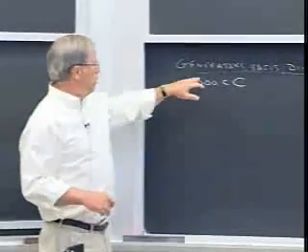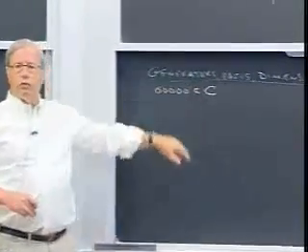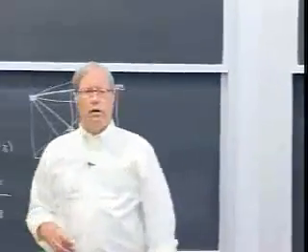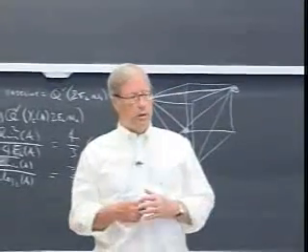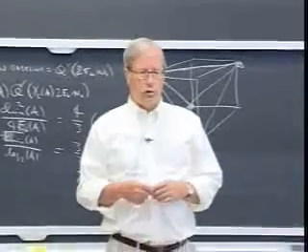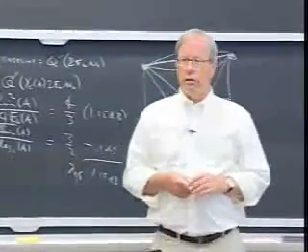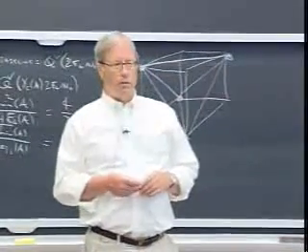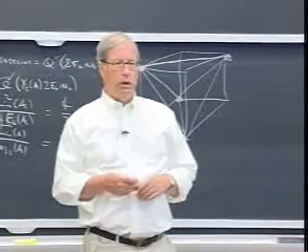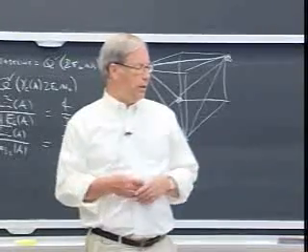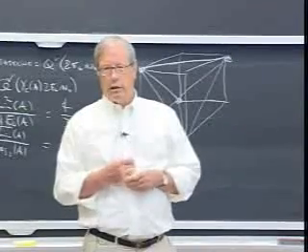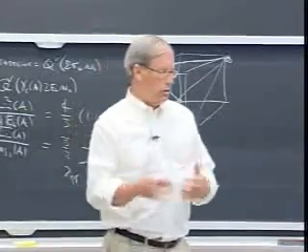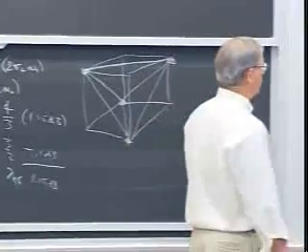All right, let me try to find a set of generators for the code. Somebody gives me a code. They say, this is a binary linear block code. Let me see if I can find a set of generators for it. And if I find 3 generators, then I'll know the dimension is 3. That's basically where I'm going. I'll state this a little bit more formally as we go ahead.